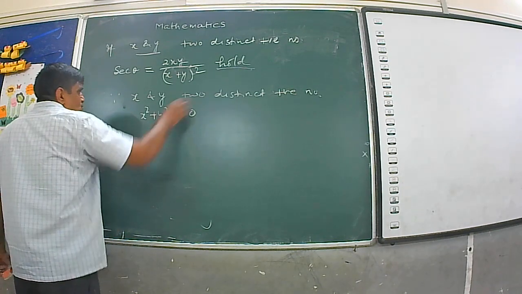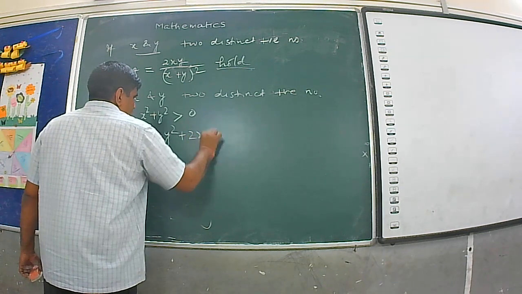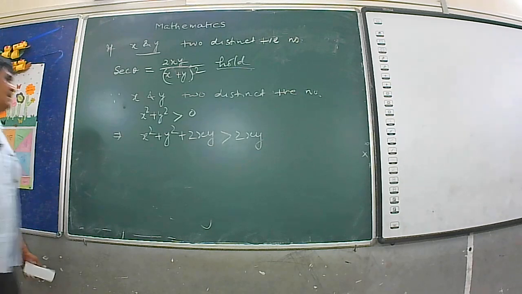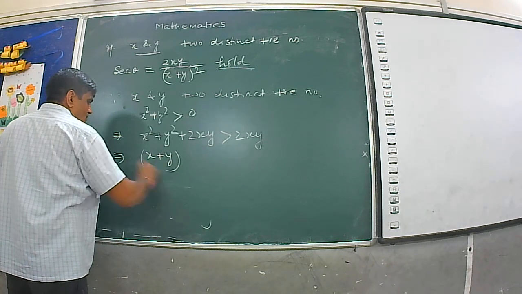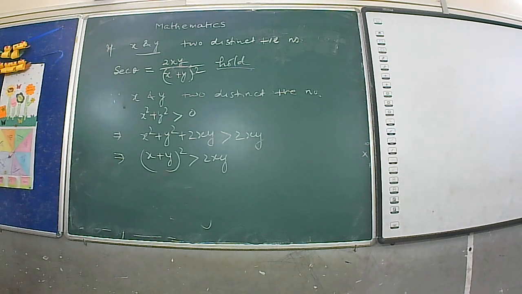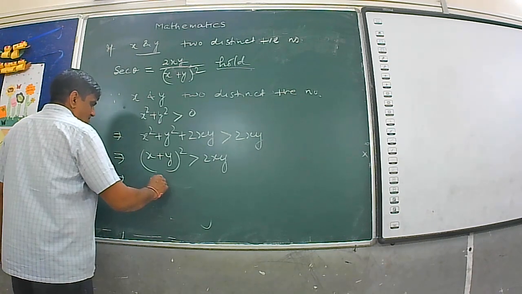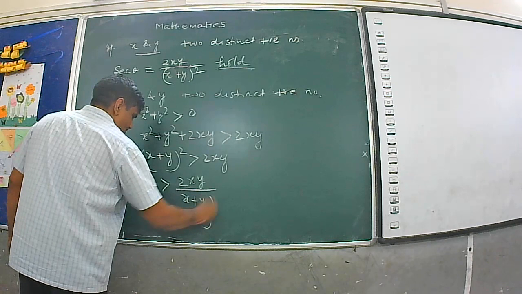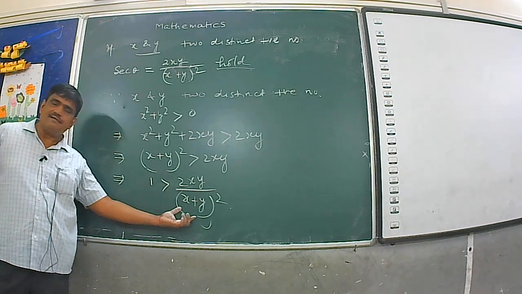Adding 2xy to both sides, x square plus y square plus 2xy is equal to x plus y whole square, and this implies that 1 is greater than 2xy by x plus y whole square, because this is a perfect square, therefore we write it in the denominator.